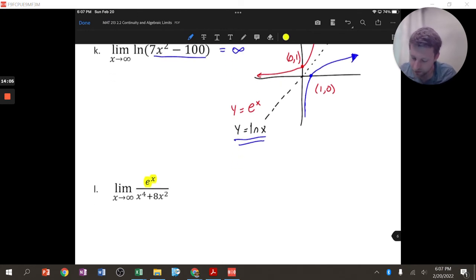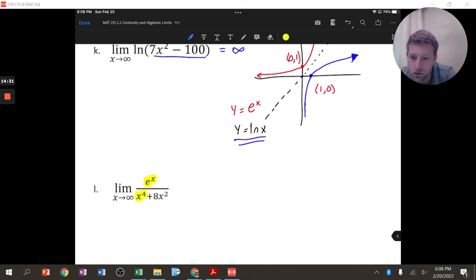The denominator has a fourth degree polynomial, x to the fourth, which again here, as x gets really large, x to the fourth does increase and it gets very large, but it's not going to be as fast as an exponential function.